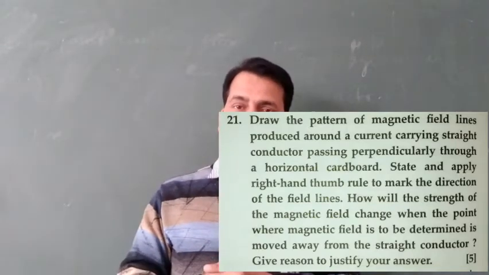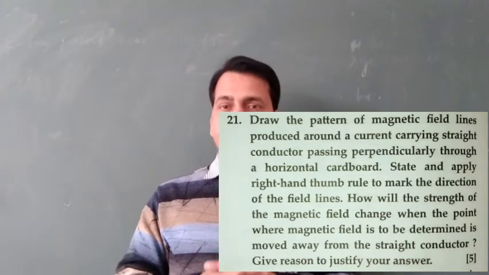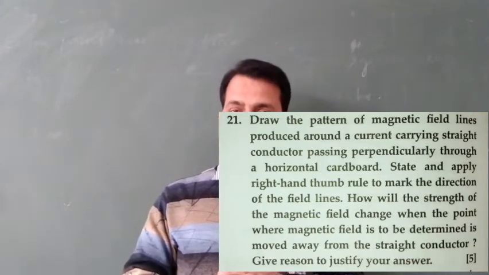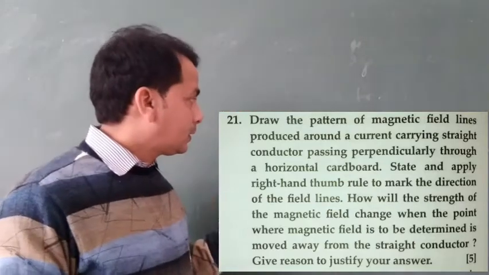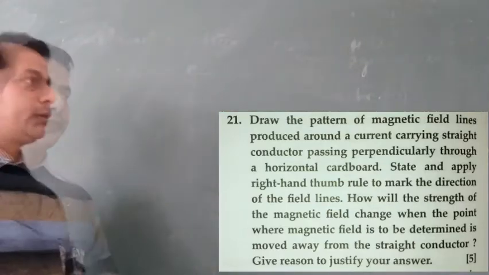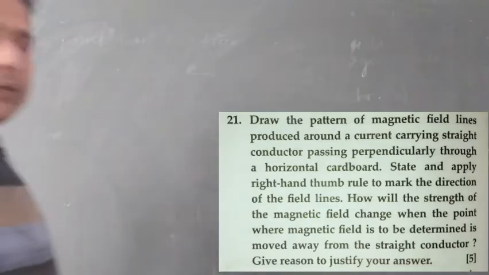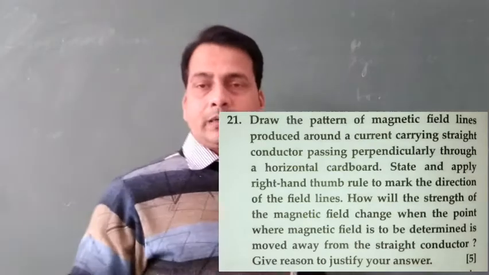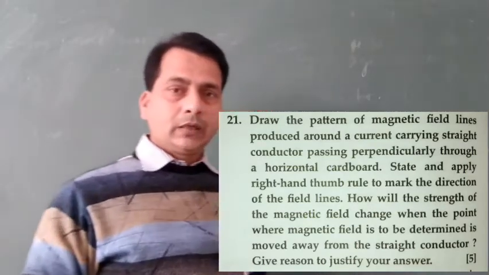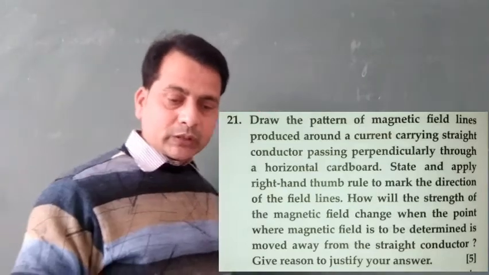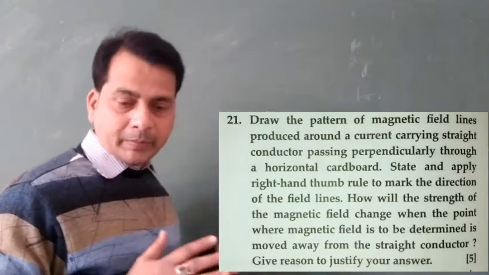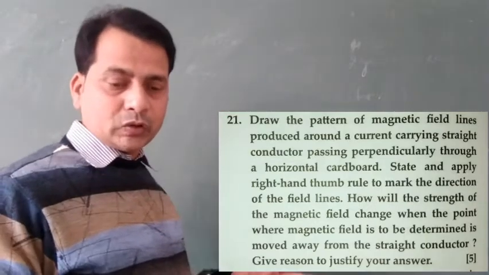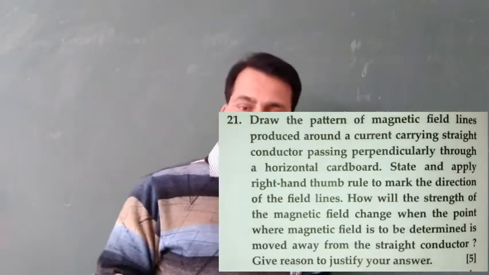We know that if the direction of the current is upward, the direction of the magnetic field lines is anti-clockwise. So we will draw the diagram of the pattern of magnetic field lines produced around a current carrying conductor.